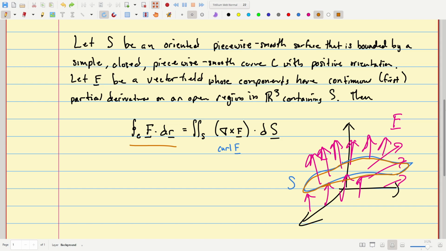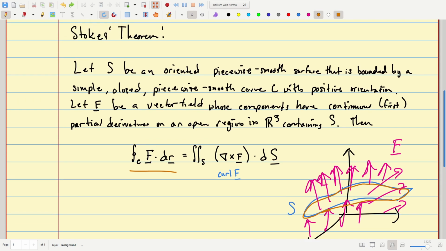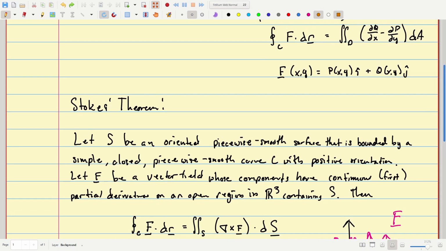Okay? Also, I want to point your attention back to Green's theorem up here. This is the 2D version of Stokes' theorem.